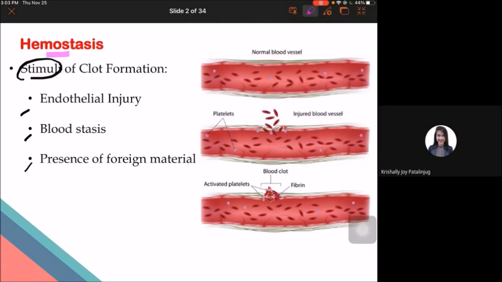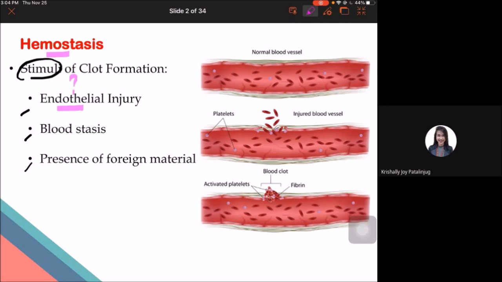How does it trigger our body to cause clot formation? Take note, class, na kapag may injury sa tissue o may sugat, kapag injured ang endothelium, that triggers blood clot formation or hemostasis. Now, ang question karon, what is an endothelium?